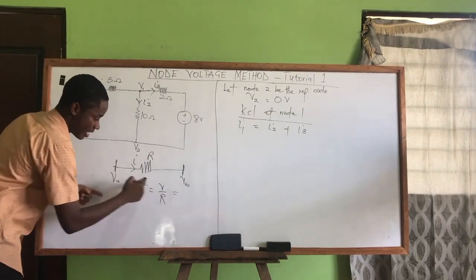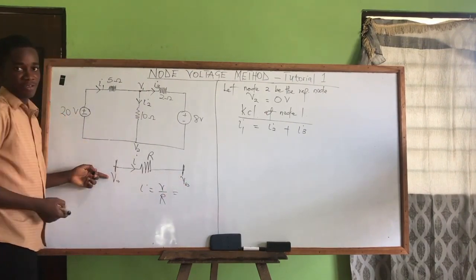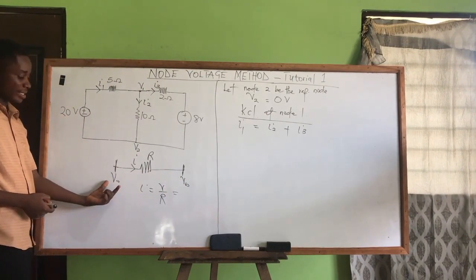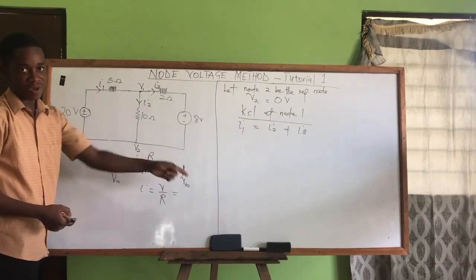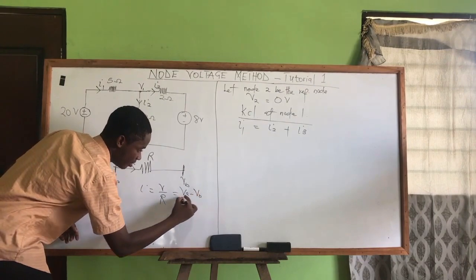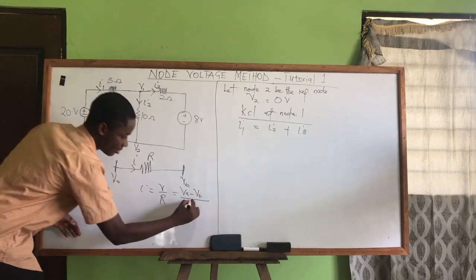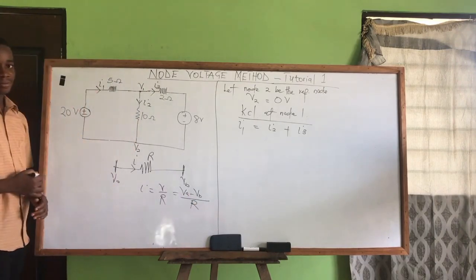So my V is VA minus VB, where the current is starting minus where the current is going. So I have VA minus VB over R, and R is the resistor on that branch.